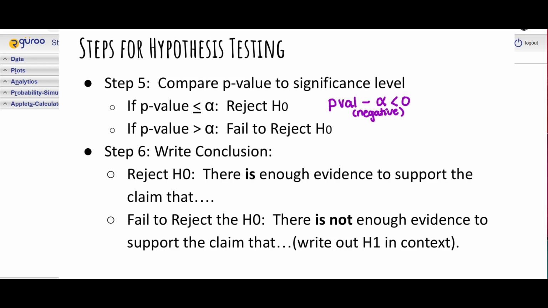All right. So this is just, if you have trouble comparing, let me just show you. If the p-value is 0.007 and the significance level is 0.05, I can tell you the p-value 0.007 is less than 0.05. It is less.